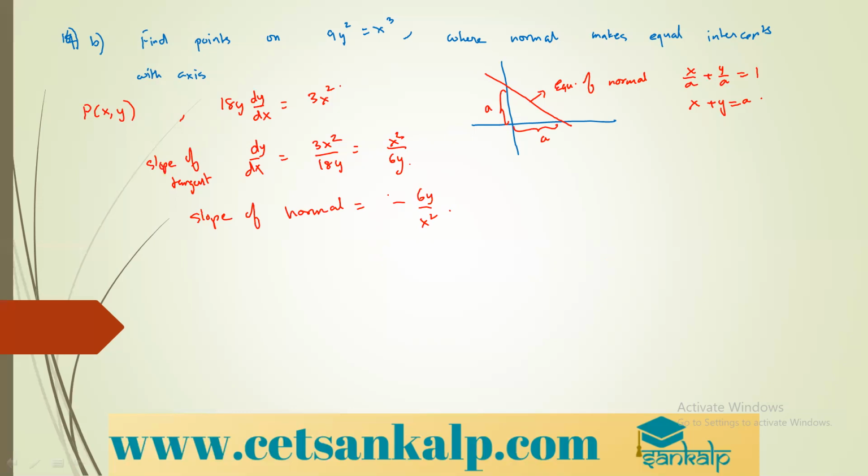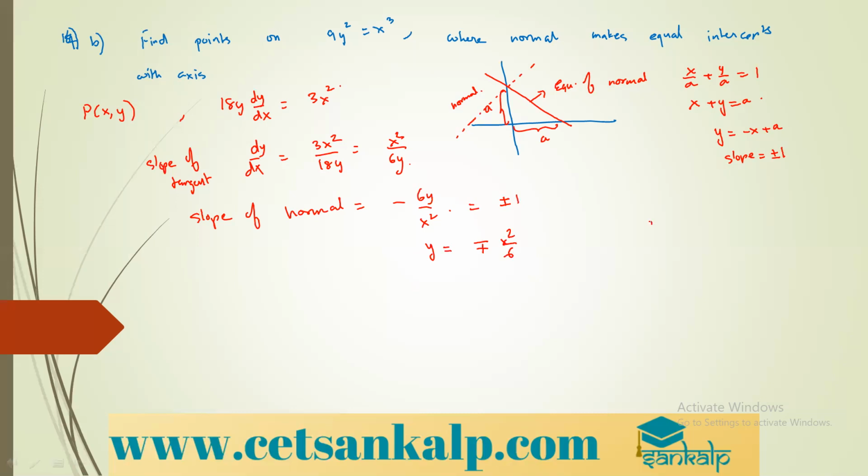Now, any line which makes equal intercepts on the axis, what slope will it have? y equal to minus x plus a. The slope of the normal is minus 1, or it can be plus or minus 1 also, because the normal can be this way also. This also can be the normal. So the slope of the normal we will take as plus or minus 1. That means y we can take as minus or plus x square by 6.